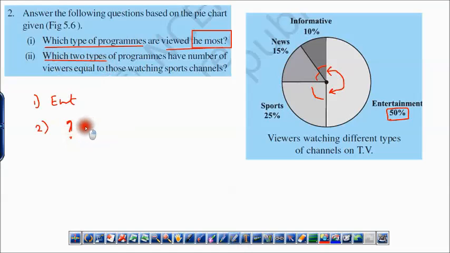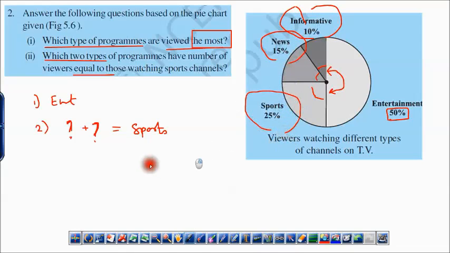Question mark plus question mark is equal to which two types of programs have number of viewers equal टू दोज वॉचिंग स्पोर्ट्स. कौन से दो प्रोग्राम स्पोर्ट्स के बराबर है? तो ये रहा इंफॉर्मेटिव 10, न्यूज़ 15. 10 प्लस 15 25%, विच इज़ इक्वल टू स्पोर्ट्स. आंसर इज इंफॉर्मेटिव प्लस न्यूज़ इज इक्वल टू स्पोर्ट्स. सम ओवर.